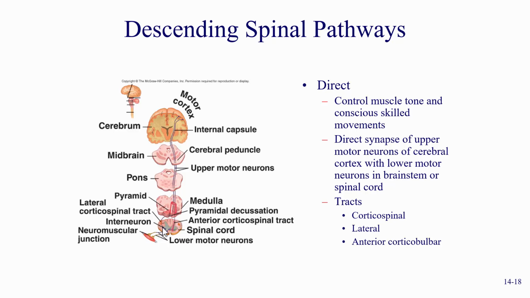There they're going to hook up with an interneuron, and that interneuron is going to hook up with the lower motor neurons, which will exit the anterior portion of the spinal cord and go on to their target organ, in this case the neuromuscular junction, in order to control that particular muscle or muscle group.